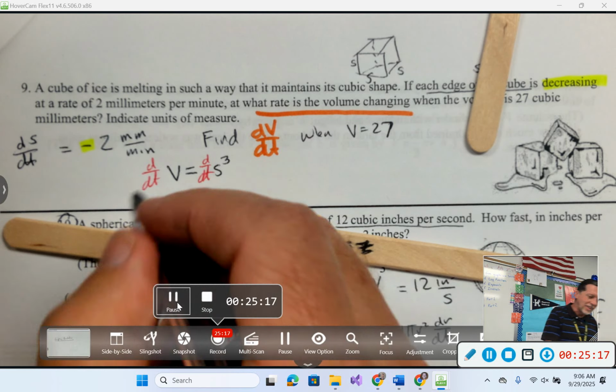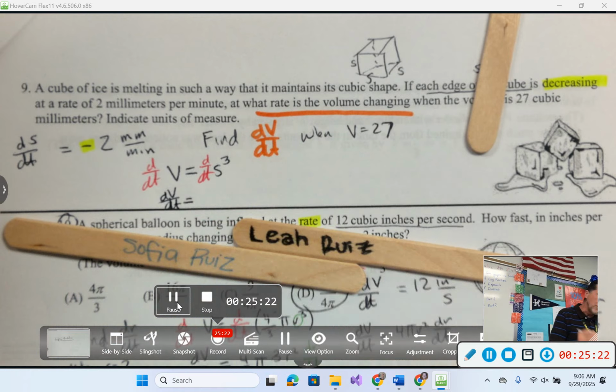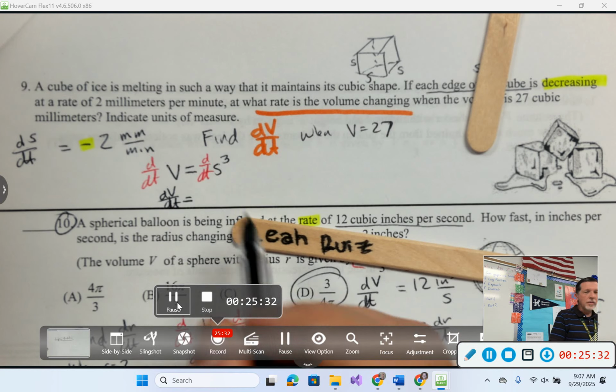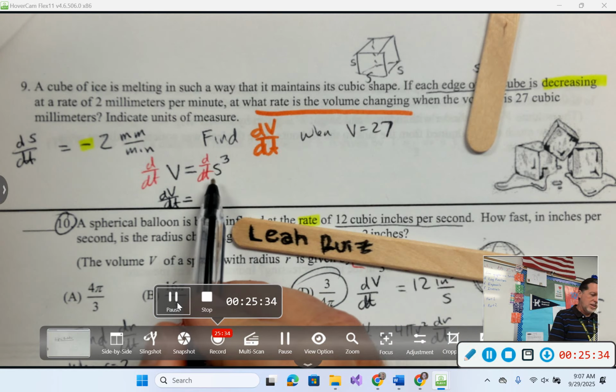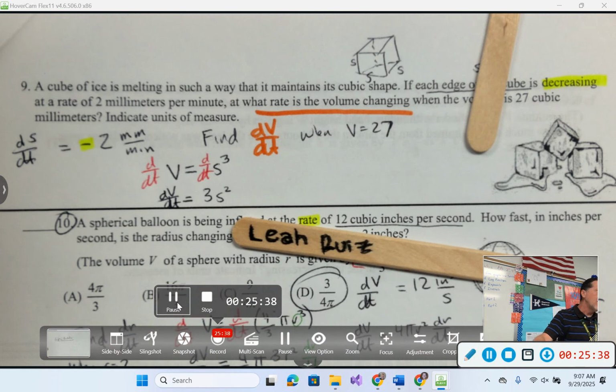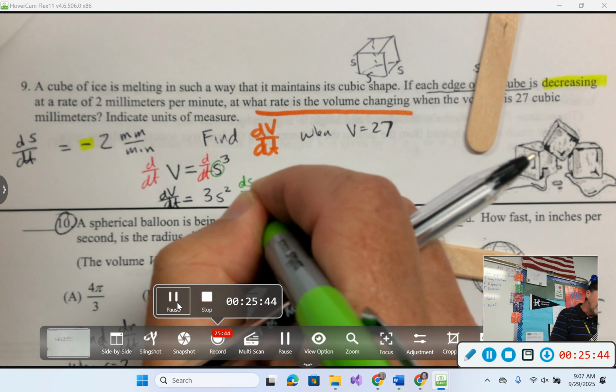Right, that's the one that's supposed to be the easier one, but sometimes it's almost too simple, it trips people up. Leah, how about the right-hand side? The derivative of s cubed. Yep, 3s squared ds/dt.